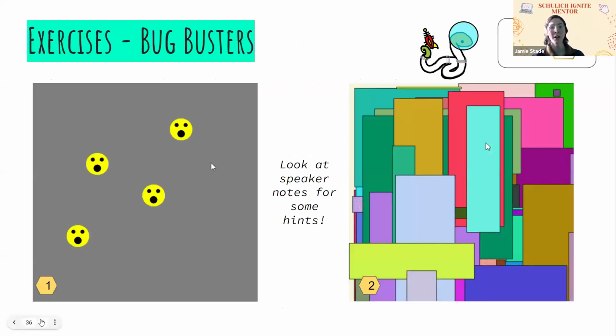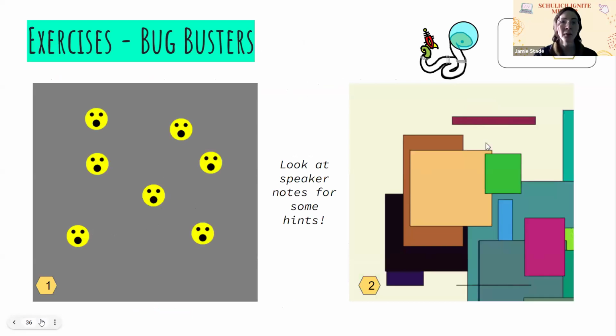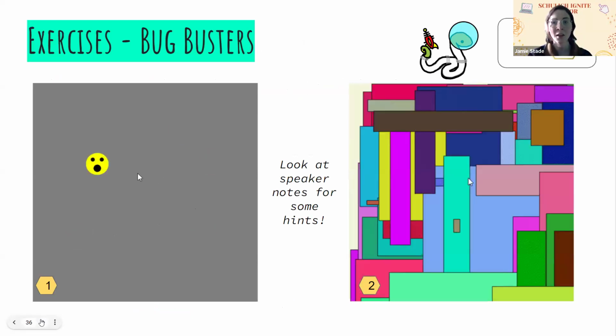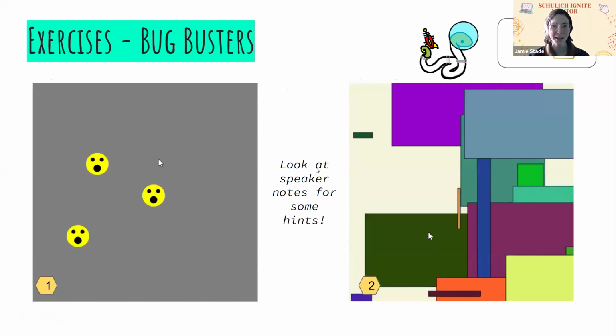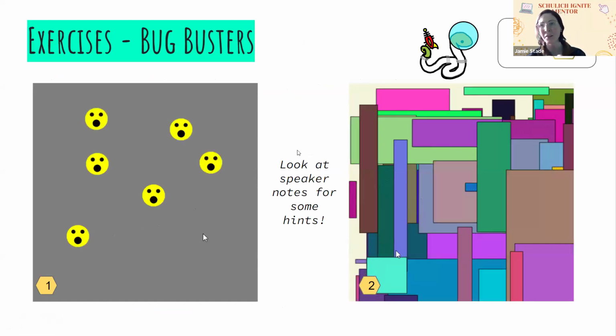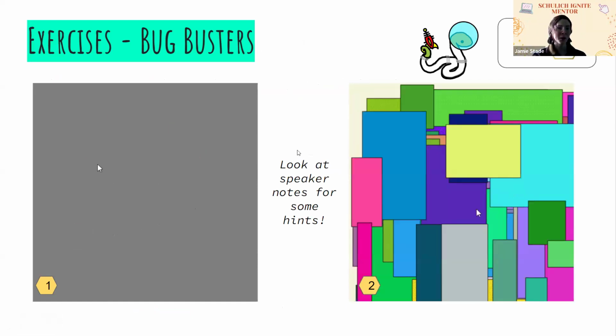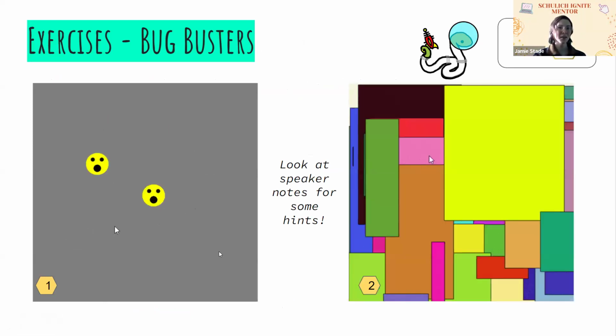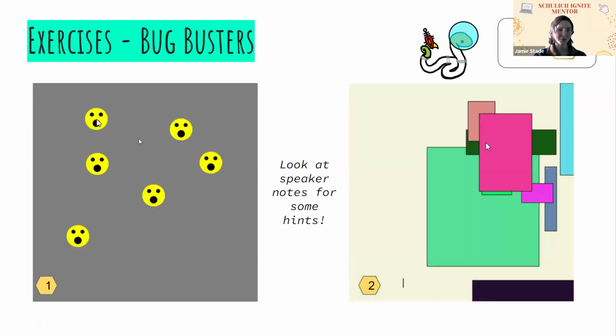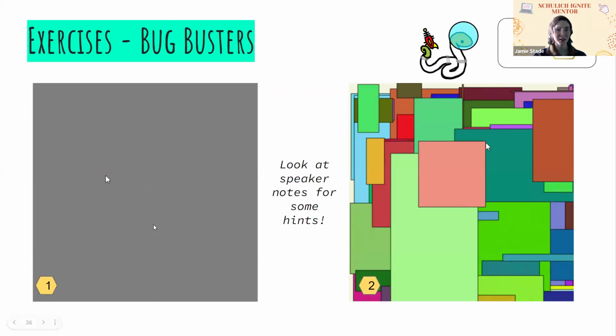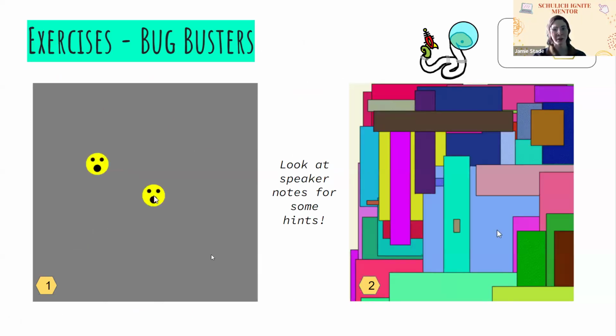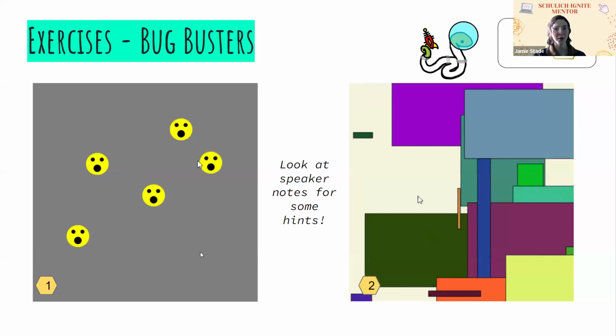Okay, so that is all we really have for today. We're just going to go over end of session exercises. Here are the exercises for bug busters. As we can see here, we have some hints in the speaker notes if you want to go through that, but we have a few different exercises. First one is creating faces using ellipses wherever you press the mouse button.